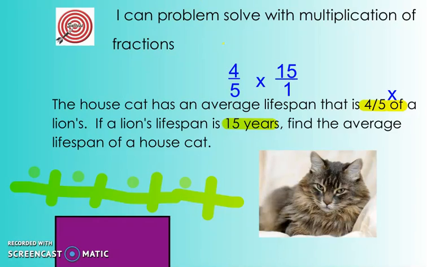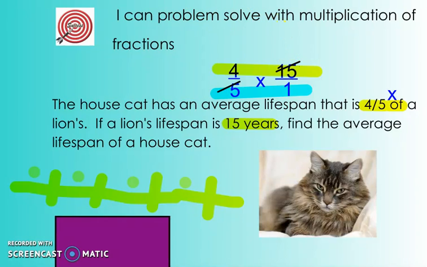Now I have a multiplication problem, and I'm going to separate the numerators from the denominators. Looking at them, I notice there are two numbers that I can simplify by reducing. I know that 5 goes into 5 and 15.